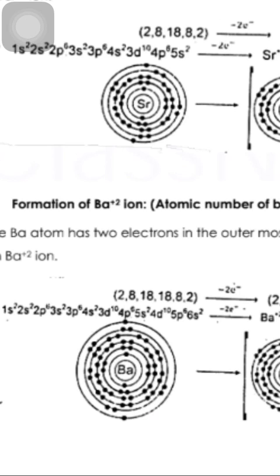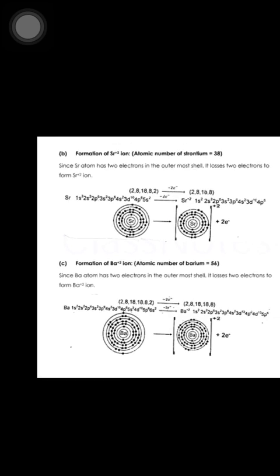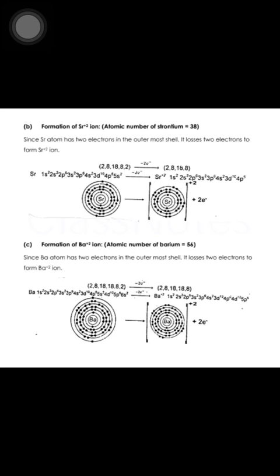In the last shell, that is 6s2, which has only 2 electrons, and when my 2 electrons are released, it forms a cation. Okay, hopefully you understand now how you will form these cations which have higher atomic number.